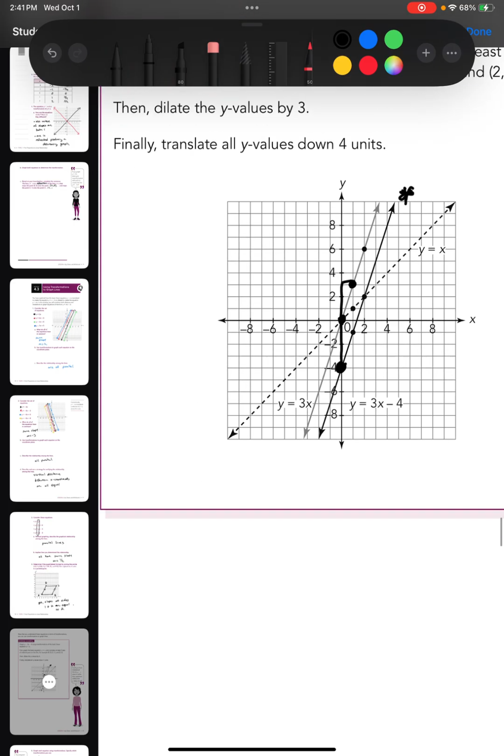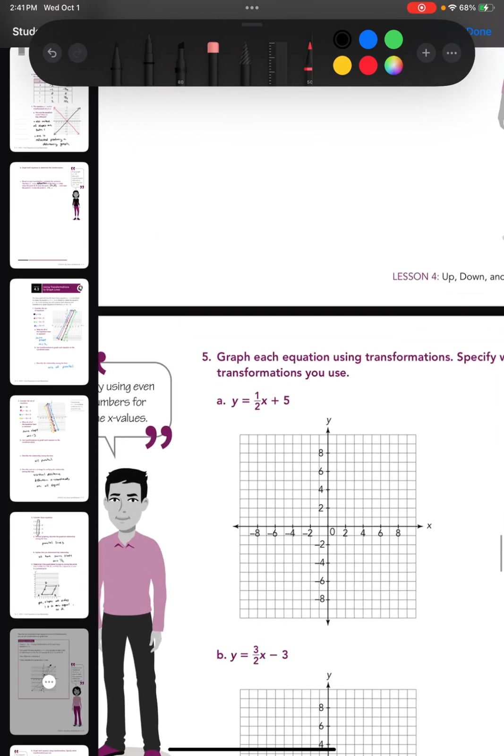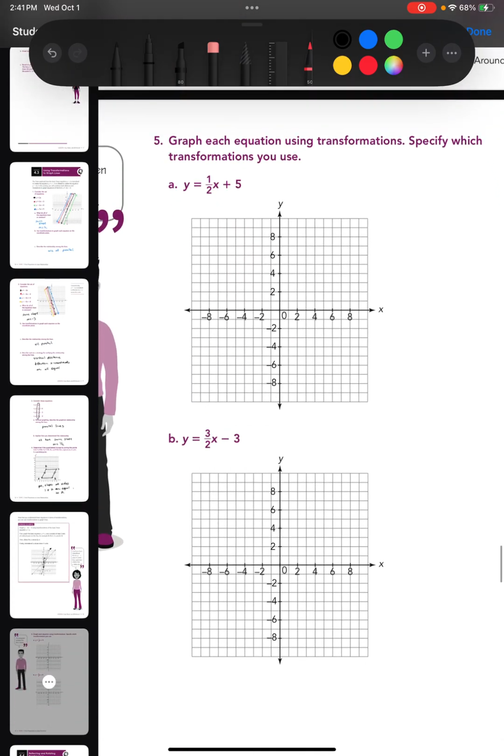Okay, so the next couple of pages are just going to practice graphing a few lines now that we know all our transformations. For letter A here on 5, we have a vertical shift up to 5, so a y-intercept of 5, and a slope of 1/2. So up 1, right 2. And there's our line.